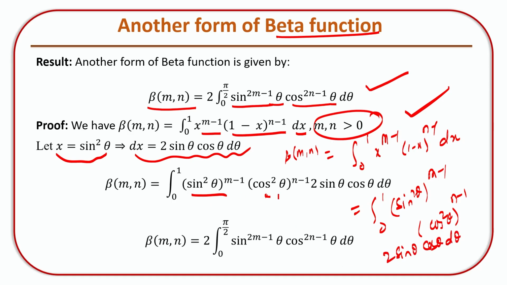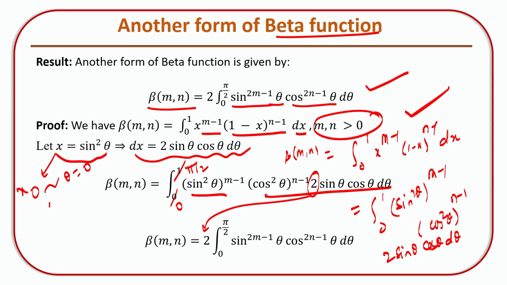Now evaluate this integral. This will come out to be 2 here, so taking the 2 outside, the limits have to be changed here, right. So this one is not 0 to 1, but it becomes 0 to pi by 2. See here, x equal to 0 gives theta equal to 0, and x equal to 1 gives theta equal to pi by 2.